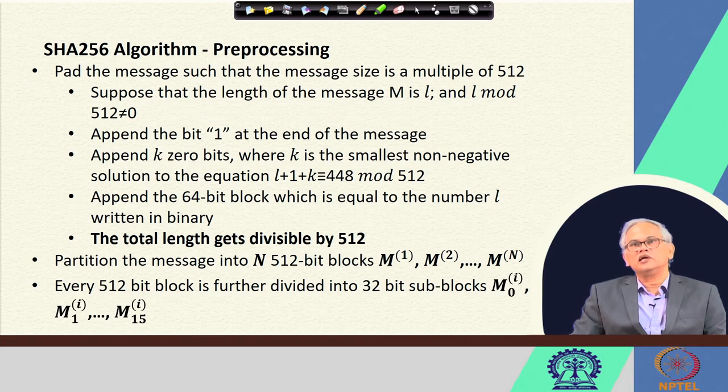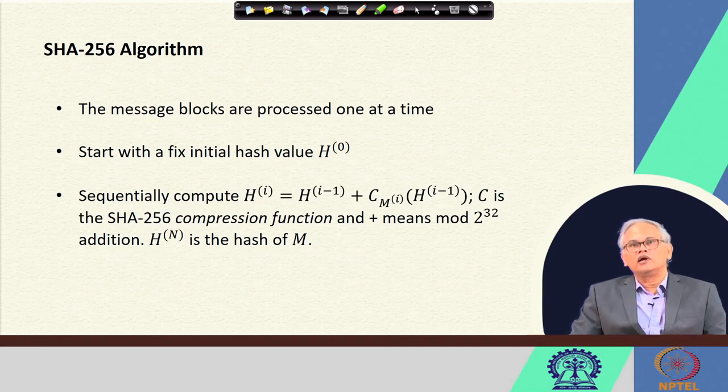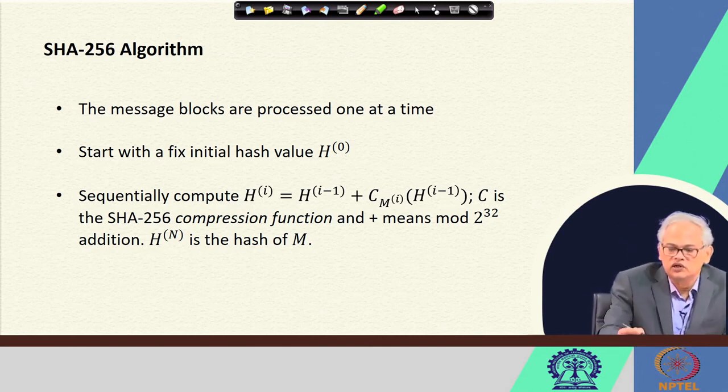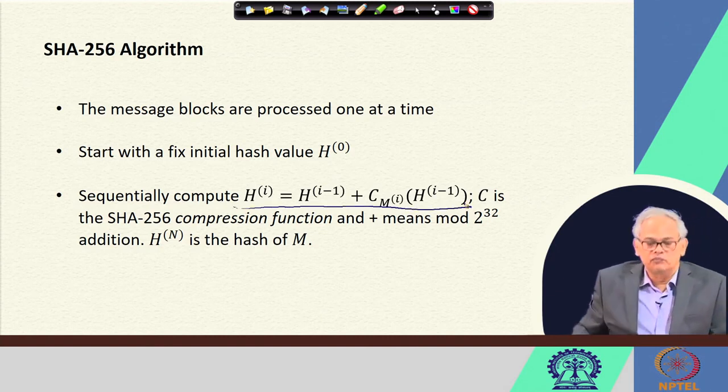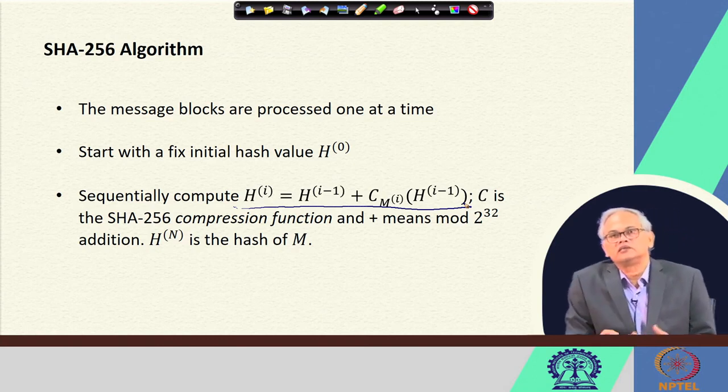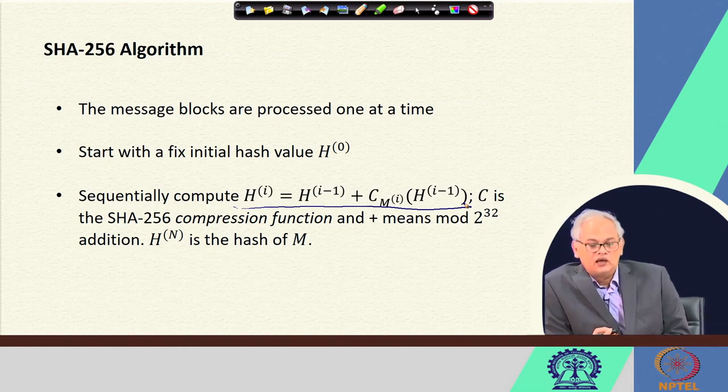Of course, as you can see here, there is no initial hash, we have only these different blocks for the message which was pre-processed. And now we are generating the hash value, and this is done sequentially, as we can see in this particular step, that Hi is computed from Hi minus 1, and then we apply this C of Mi and Hi minus 1.